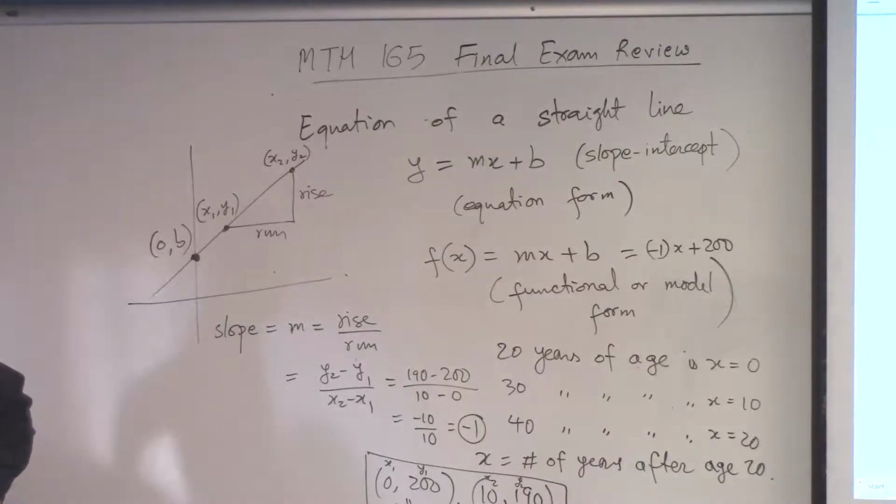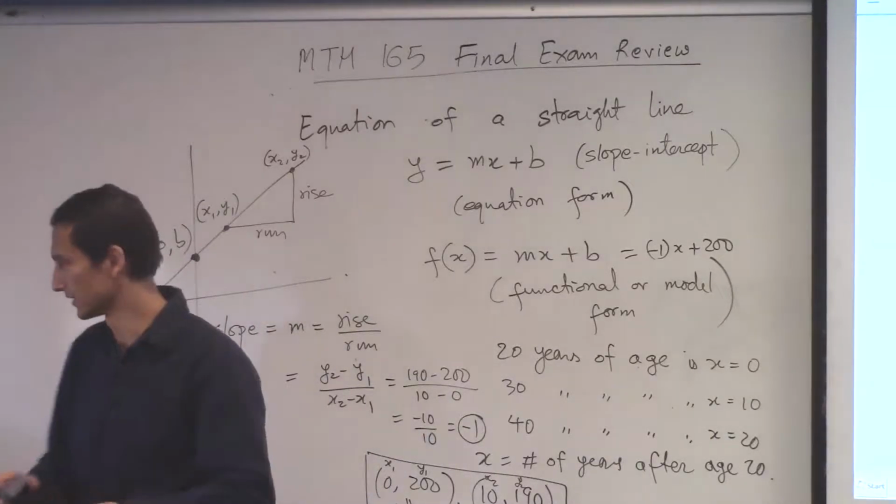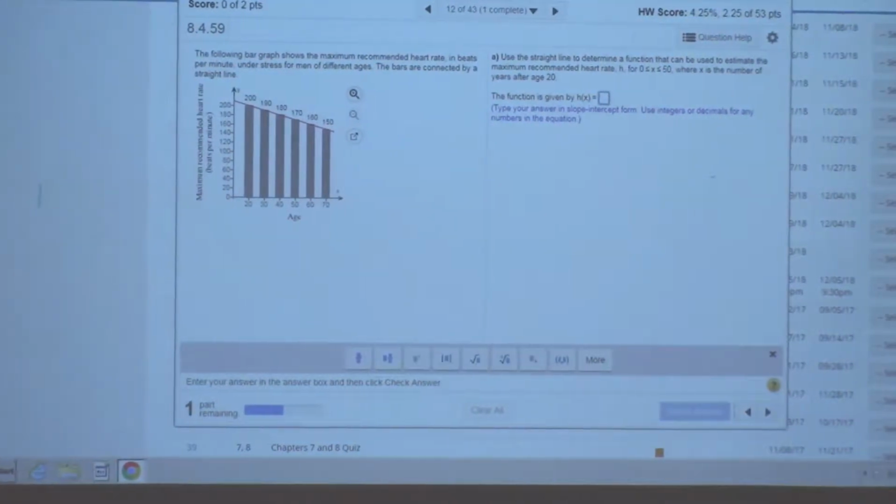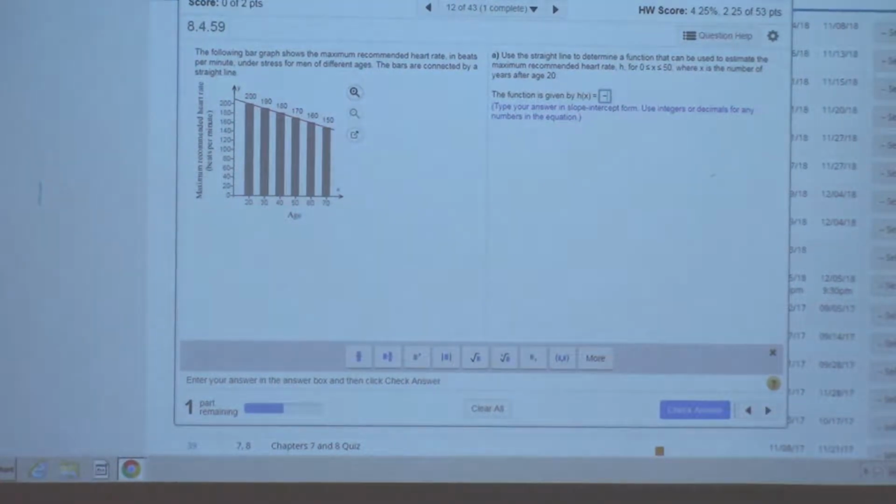So that's the function. Let's write that: negative x plus 200.